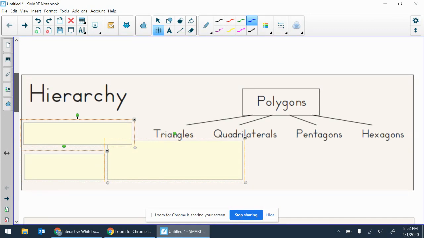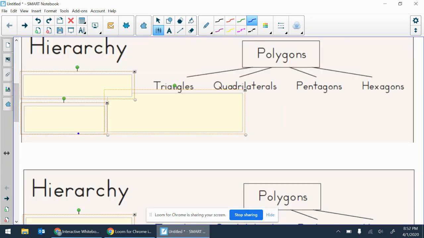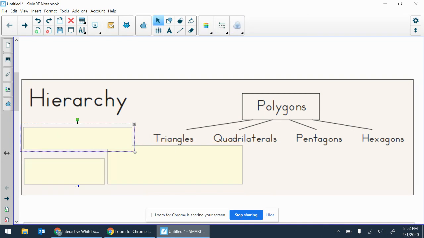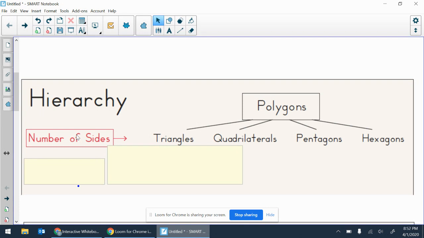So we are doing a hierarchy on polygons. If we look at all polygons, the first thing that we can break this down into, let me get it back in the center here. The first way we can break out these polygons is by the number of sides. A triangle has 3 sides, quadrilaterals have 4 sides, pentagons have 5 sides, and hexagons have 6 sides.